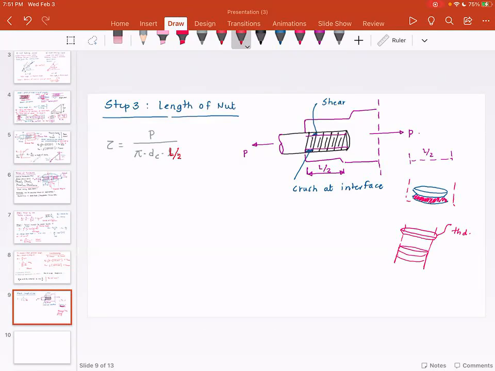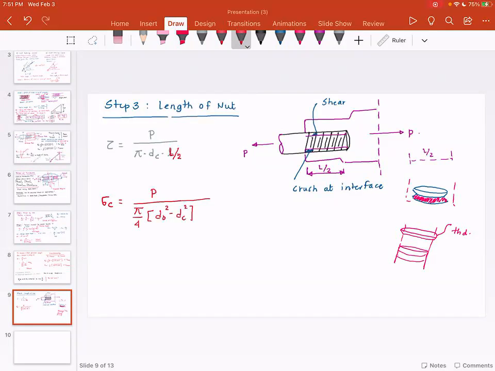Now I can try to find out the same failure, but in crushing. So if you look at sigma c, it is equal to P, which is the external load. Now crushing area is pi by 4 times d outside square minus d inside square.